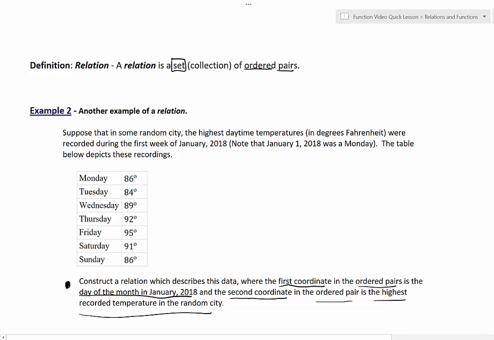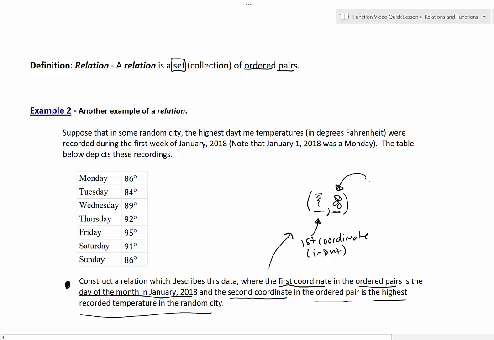What we want to do down here is construct a relation which describes all this data. We're going to use, let's say, the first coordinate in the ordered pair as the day of the month, January 2018. Second coordinate in the ordered pair, the highest temperature recorded. And you say, what's a coordinate? Well, go up here real quick. When we have a collection of ordered pairs, we have these things that look like that. The first part of this, the thing that goes first, is called your first coordinate, as we are going to eventually also call input. We'll discuss that later in a different lesson.